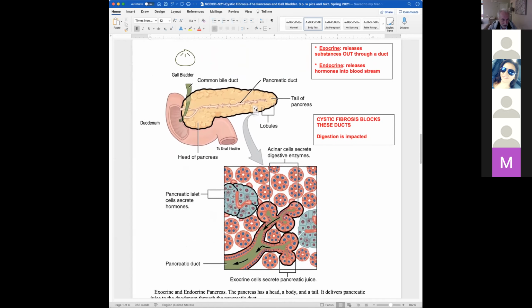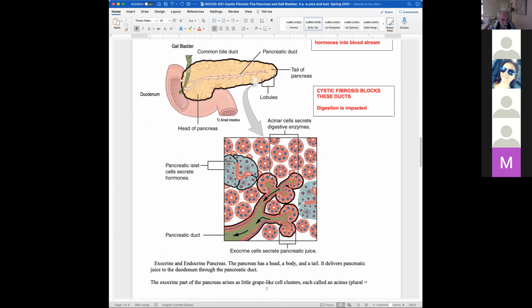If you take a small section of the pancreas and blow it up, you'll see 2 different kinds of cells. These pink ones with the blue dots are exocrine cells, so-called acinar cells, and they secrete digestive enzymes. That's one type. The blue cells are called islets of Langerhans, pancreatic islet cells, and they secrete hormones.